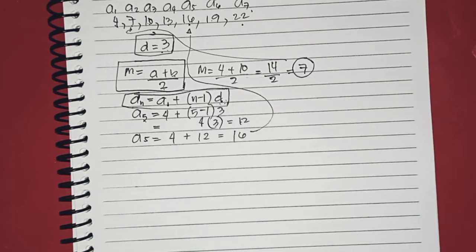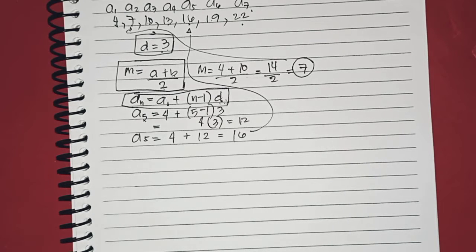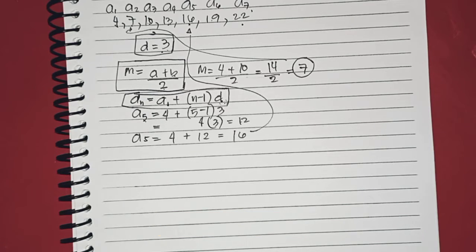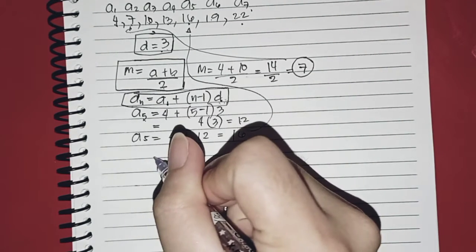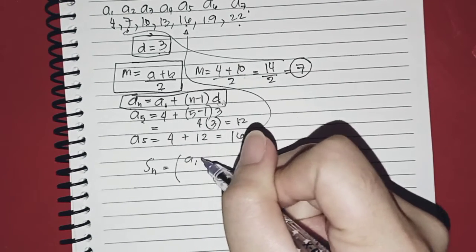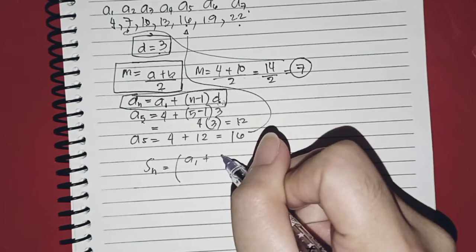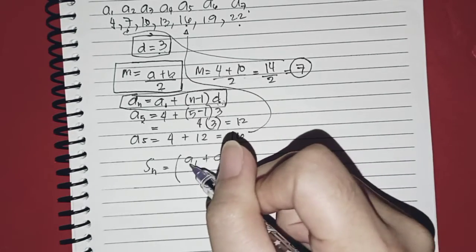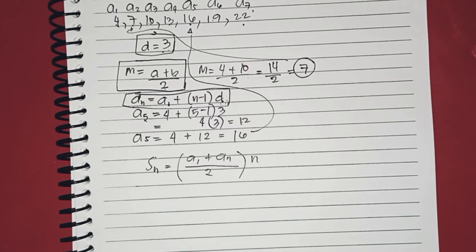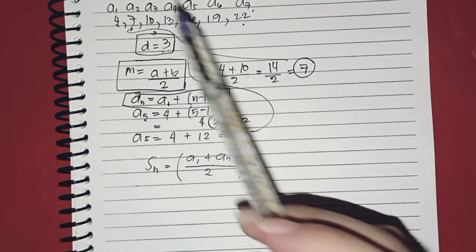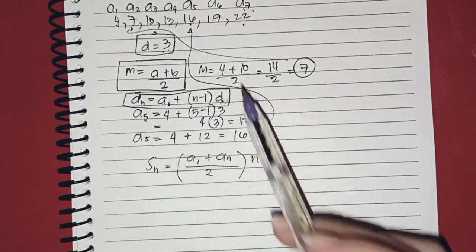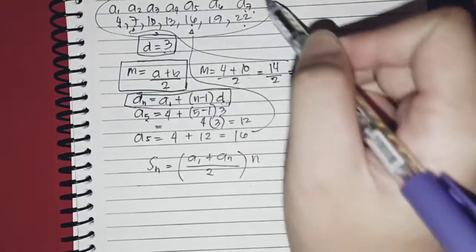Now last, we will be calculating the partial sum of the sequence, and the formula here is S sub n equals a sub 1 plus a sub n divided by 2 multiplied by n. Now, as we can see, we have 7 terms. So we will be getting the sum of these 7 terms.